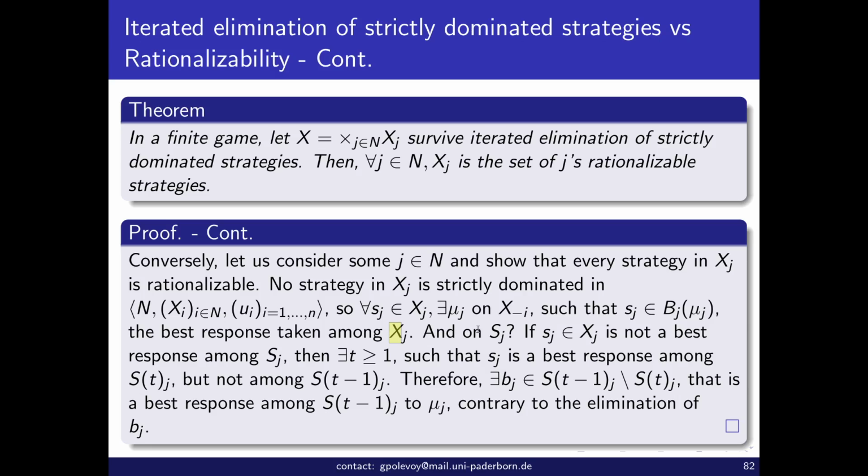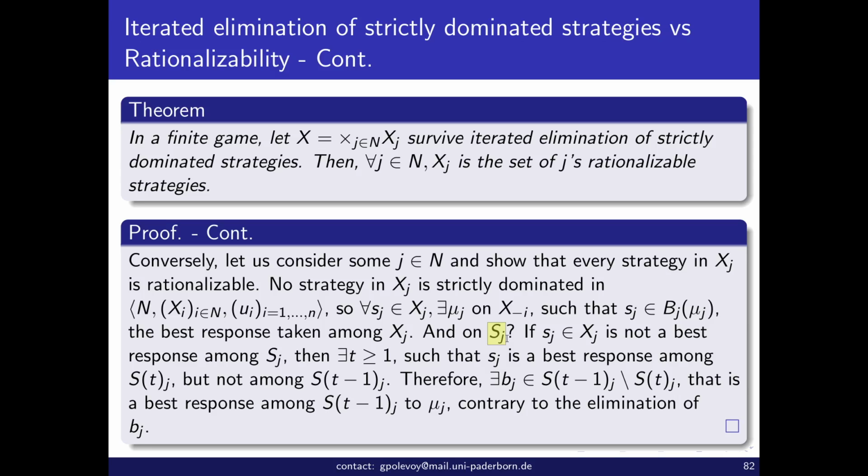Now we basically have proven everything unless it's the best response among Xj but not among all the Sj. So what if there is someone in Xj which is not the best response among Xj? But if that's the case, then there is some step where it stopped being a best response.